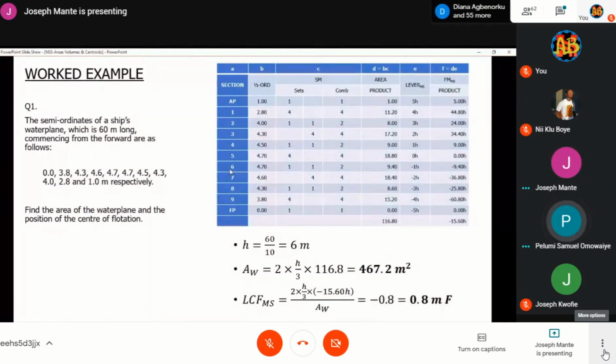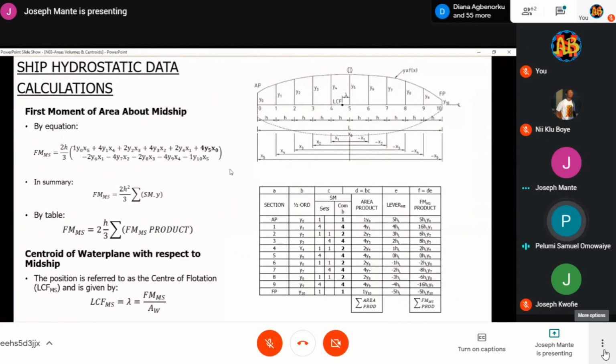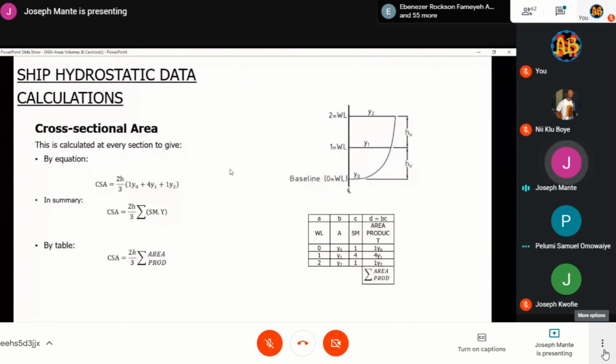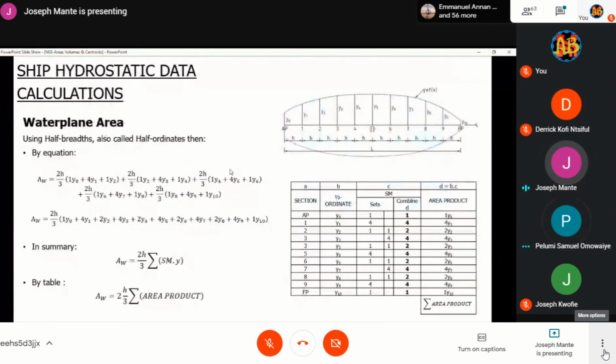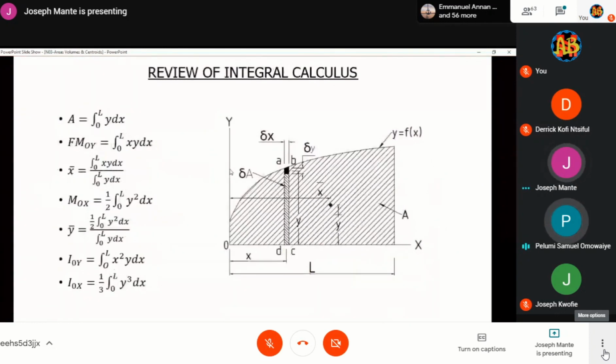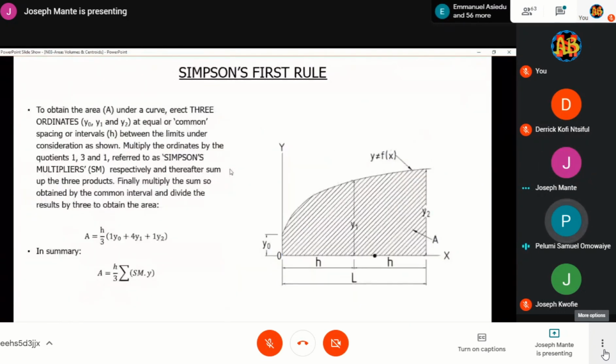One more thing. This h over 3, that 3, please, how did you actually come about it? It's from the formula itself. It has been a predominant formula, that's how it has been generated. That's why I said go and see how you'll be able to.